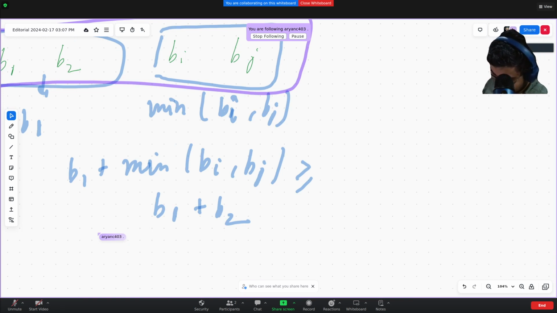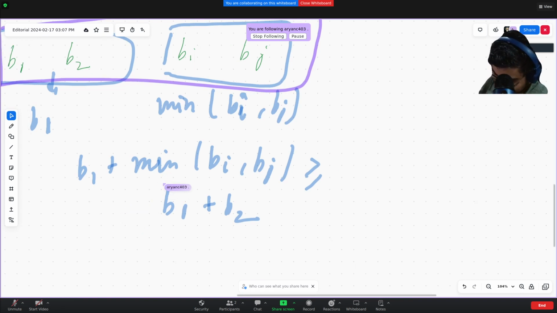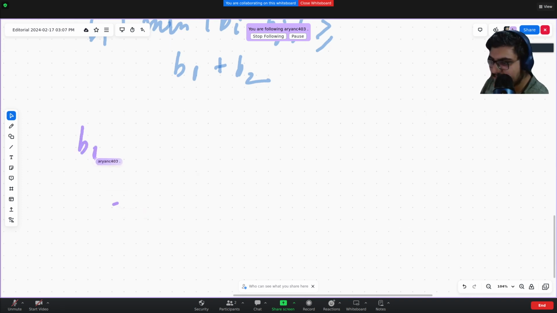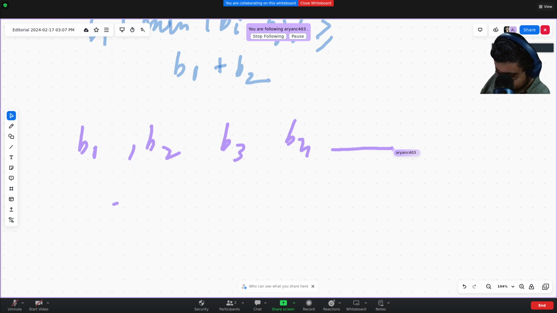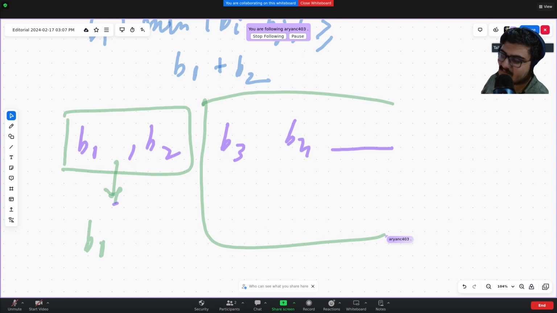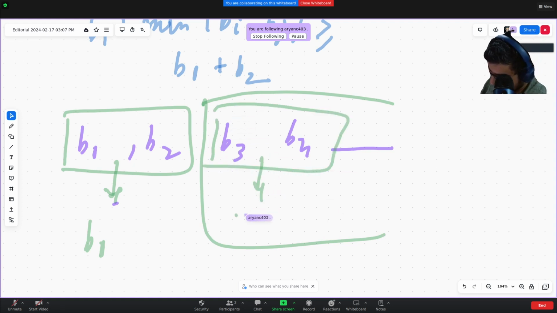So this gives us an idea that in the optimal pairing, where we have b1, b2, b3, b4 and so on, we should pair the first smallest and second smallest number, add score b1, and then try to find the answer for the remaining array. Even for the remaining array, again we can choose the smallest and second smallest number, add that to the pairing, and then find the answer for the remaining part.